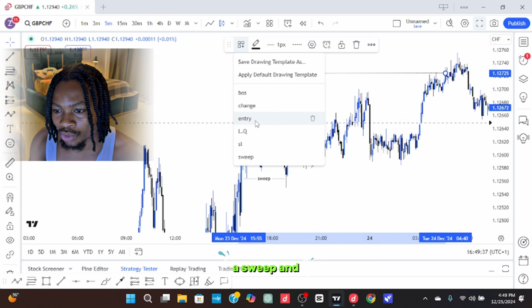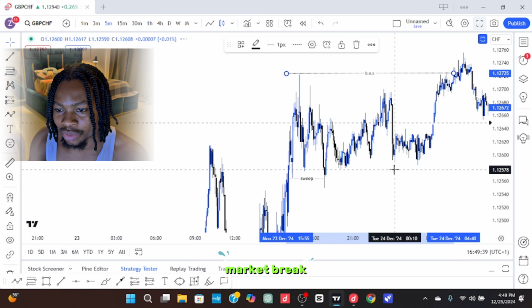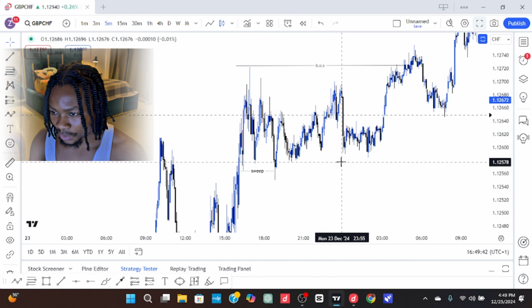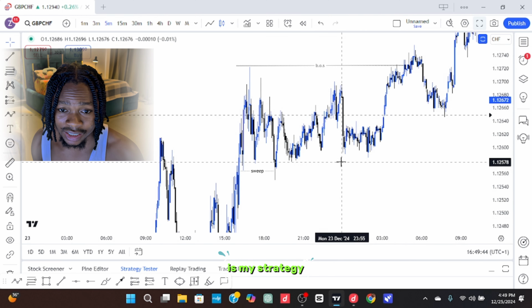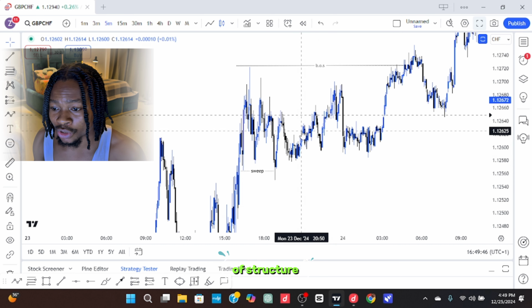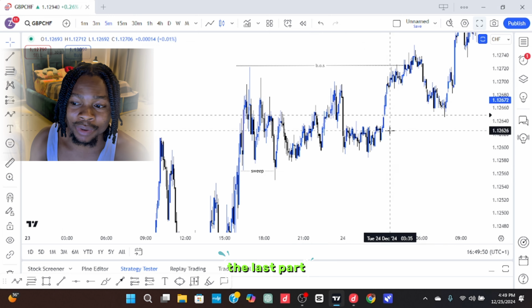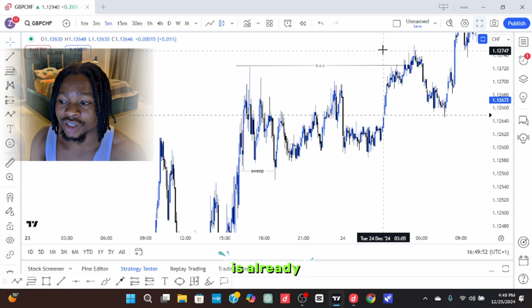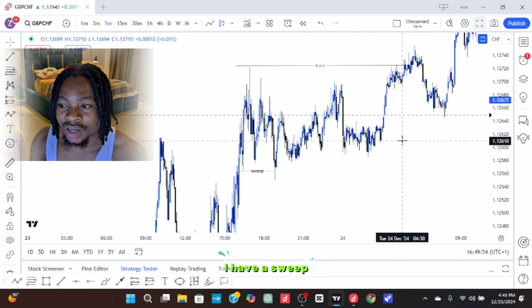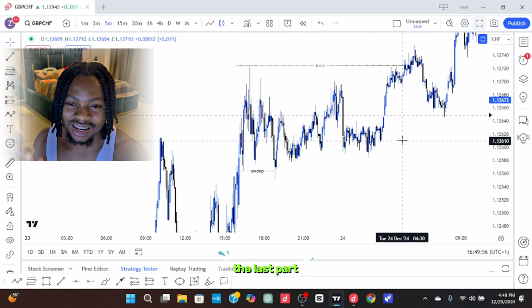So we have a sweep and a market break of structure. This is my strategy: a sweep, a break of structure, and now I need to look for the last part. So my strategy is already showing here. I have a sweep, a break of structure. Now here is the last part.